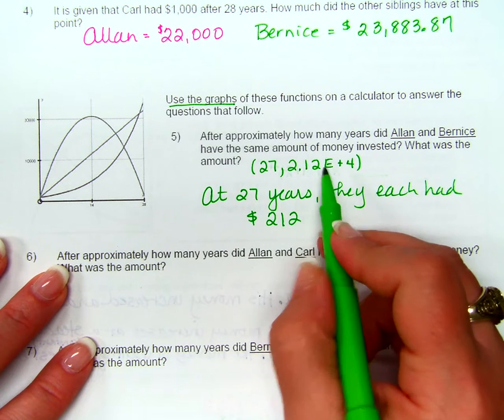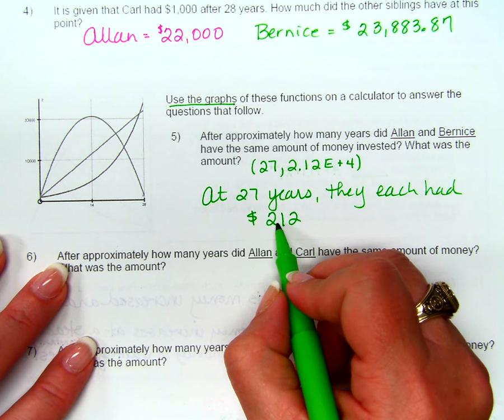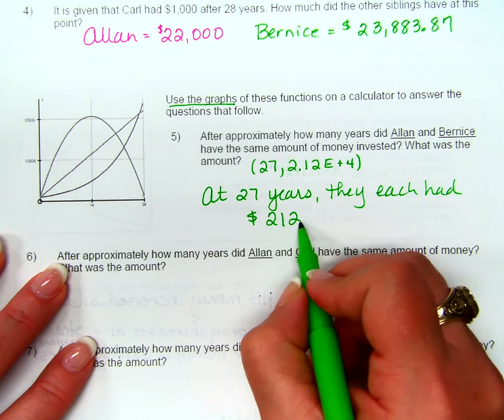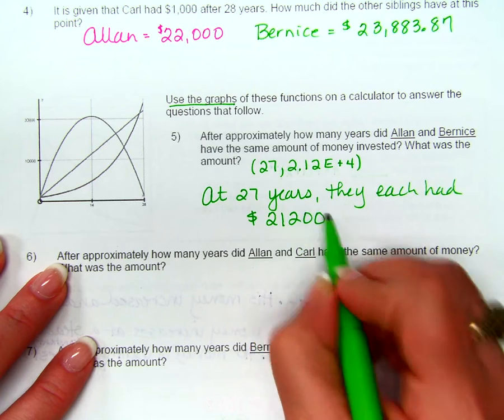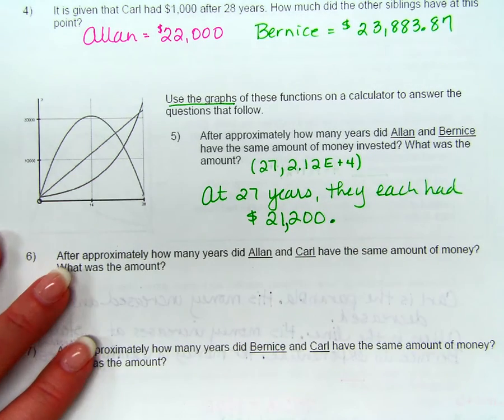Starts with that, right? Times 10 to the fourth power. This is where the decimal is. If I'm multiplying it times 10 to the fourth power, I say 1, 2, 3, 4. I need 2 more zeros right there, don't I? So how much do they have at the end of 27 years?